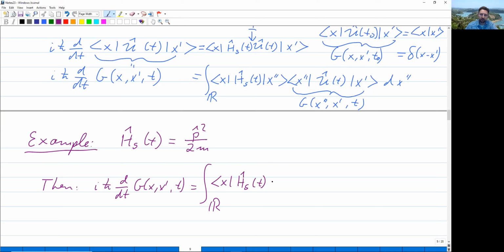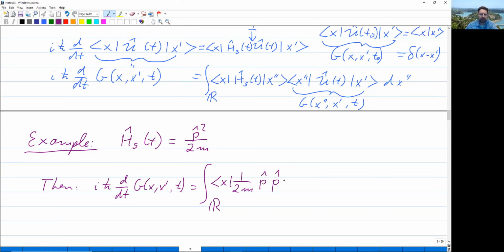Schrodinger Hamiltonian of T. Actually, we can write down the Schrodinger Hamiltonian right away. No need to do that here. So the Schrodinger Hamiltonian can be written as, let me write it like this. It's 1 over 2m, and then we have here a p hat and another p hat. It's p hat squared divided by 2m.